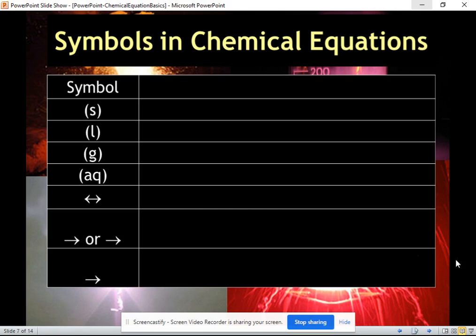So let's get back to some of these symbols. Again, we have the S, L, G, that stands for solid, liquid, and gas. Beyond right here, I don't think a lot of our examples actually use them. I might have us continue to put them in periodically, based on where they fit.